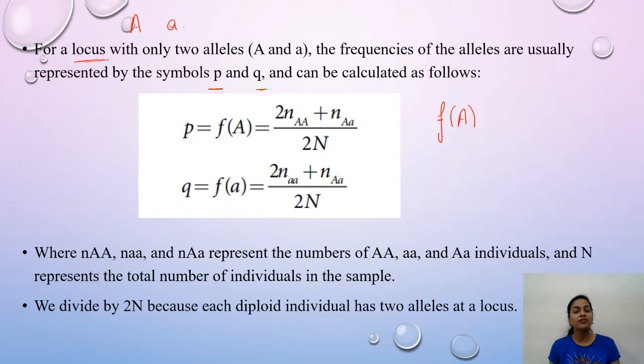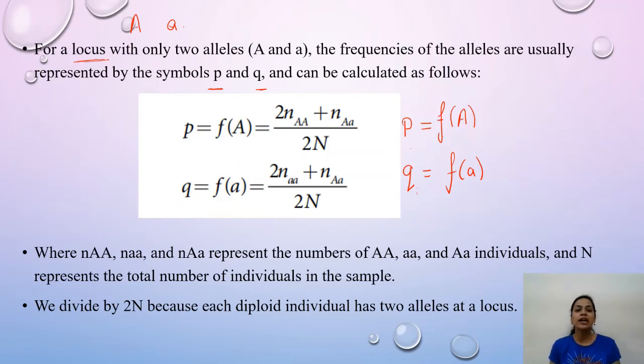The frequency of the dominant allele is represented by the letter P, and the frequency of the recessive allele is represented by the small letter Q. So P and Q are the symbols which represent these frequencies respectively.